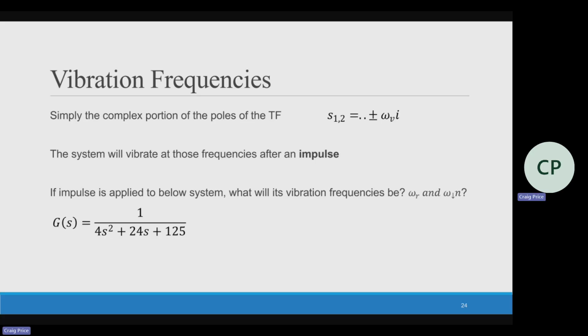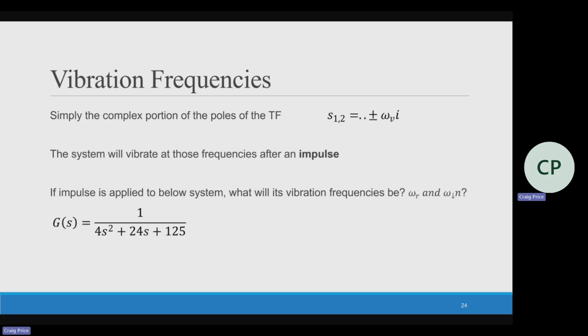We can also see how long it takes for the system to die out. This one's got more damping. It dies out pretty fast. This one oscillates for a good amount of time. Kind of works its way through. So let's do a quick calculation real fast.